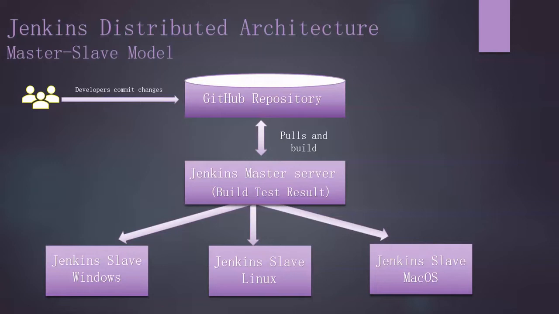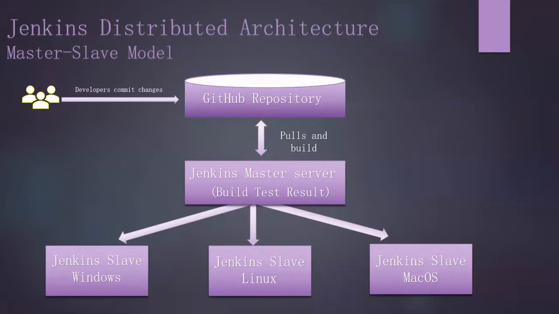This architecture is mainly used to distribute the load. If it is an enterprise application, a single Jenkins server can't handle all the load. That's why we create master and slave nodes and distribute the load between the master and slaves.